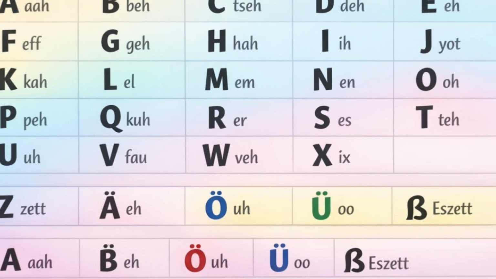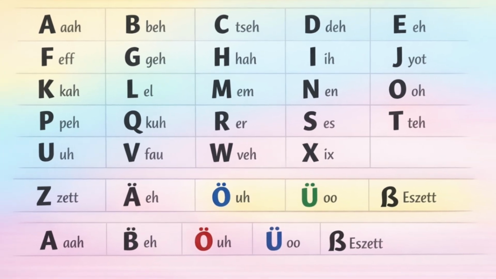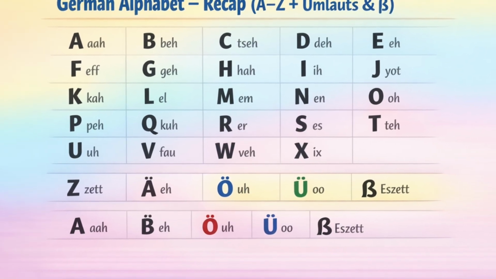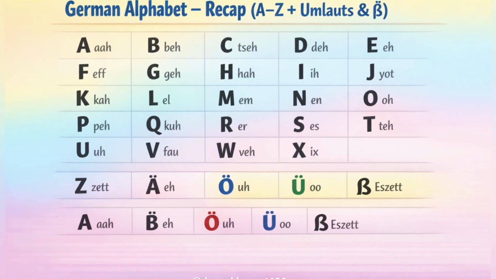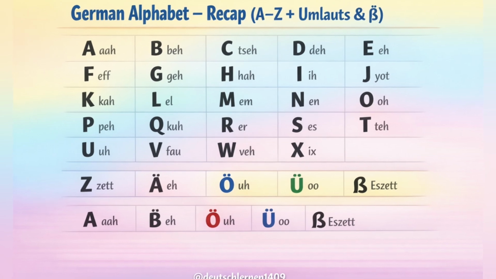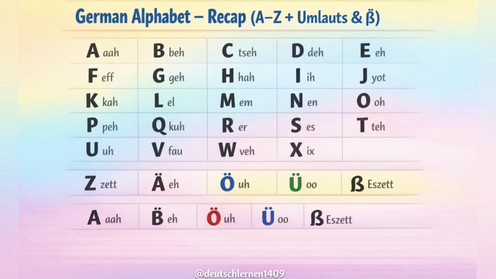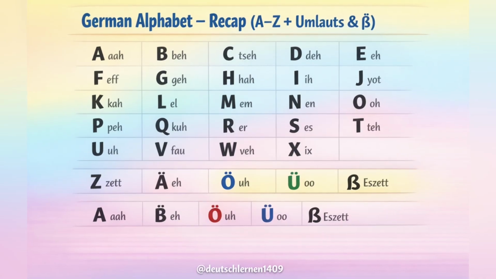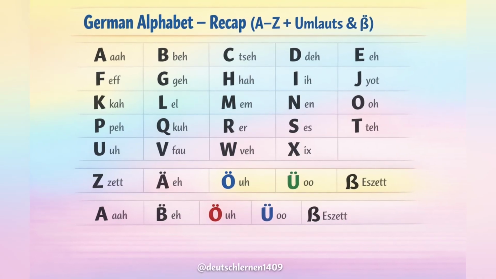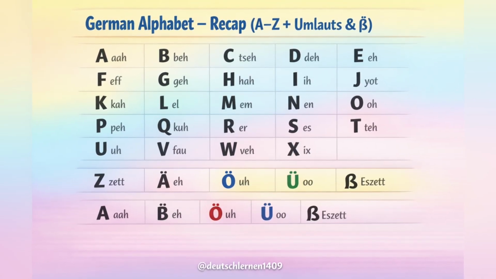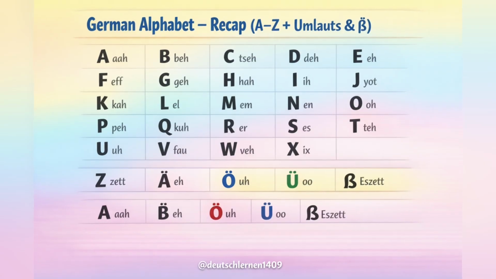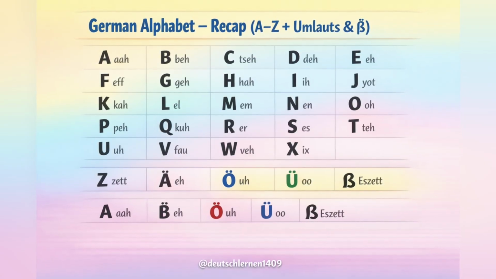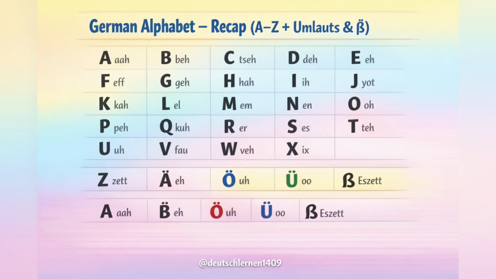Alright, let's quickly recap what we learned in this video. The German alphabet has 30 letters in total. Out of these, 26 letters are the same as the English alphabet from A to Z. The letters look familiar, but remember their pronunciation is different in German. We carefully learned how to pronounce each letter from A to Z with simple examples, so spelling German names and words becomes easy for you.